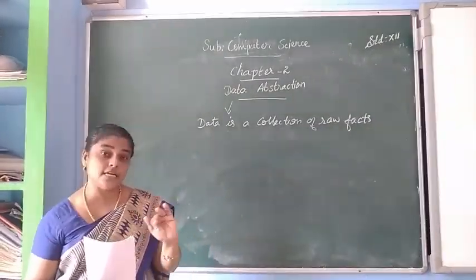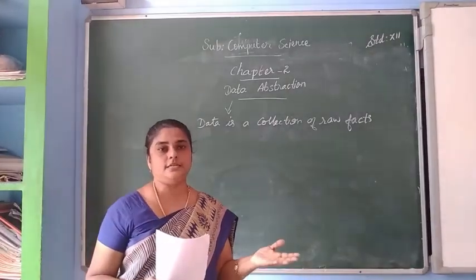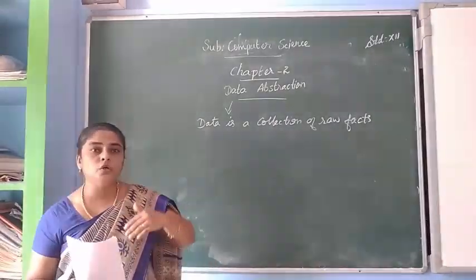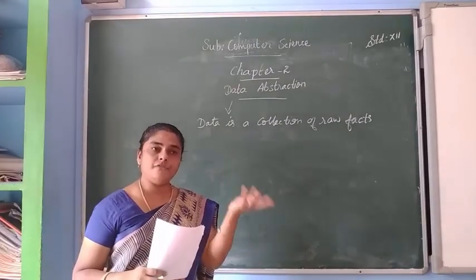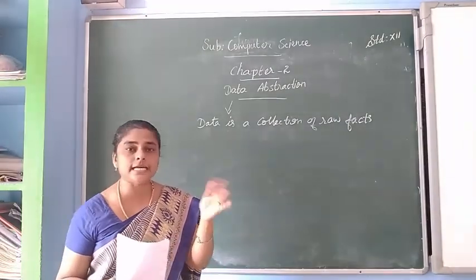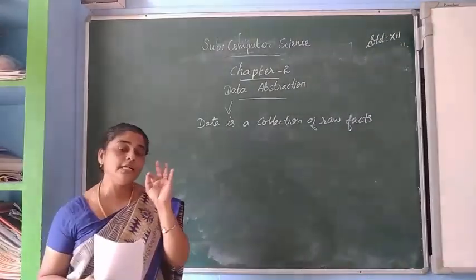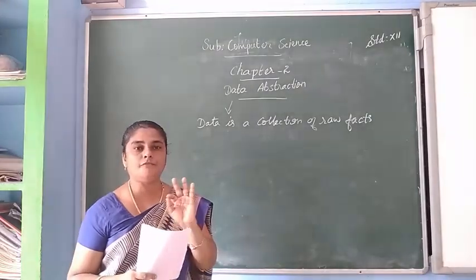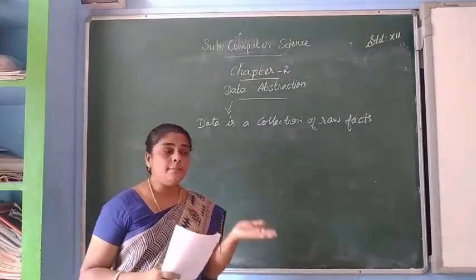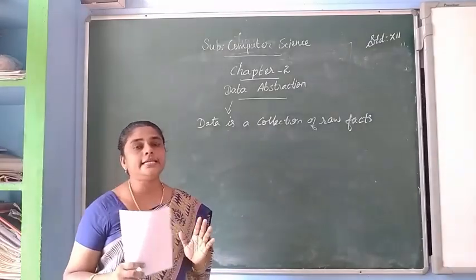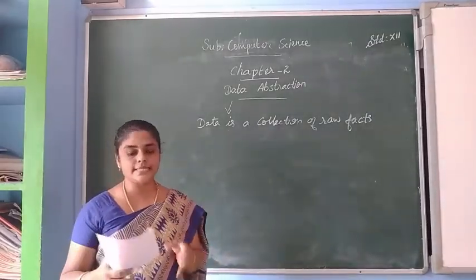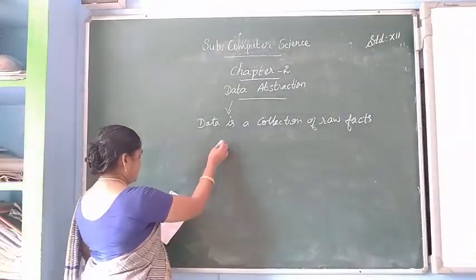But your parents cannot ask the salary of the teachers. That is not your work. So the office staff will not tell the salary of the teachers to your parents. They will say only the fee details of you. So some data they are hiding, some data they are giving. That is abstraction.